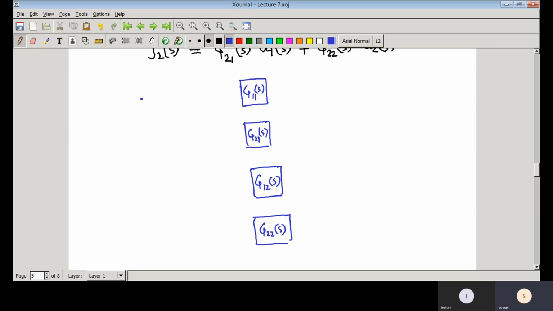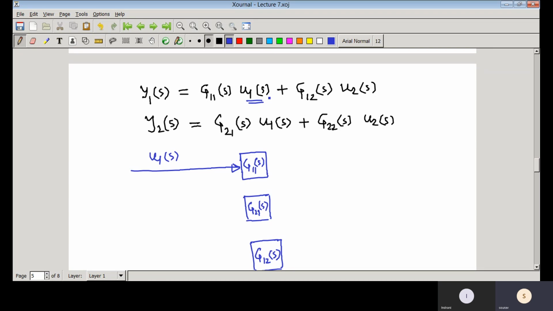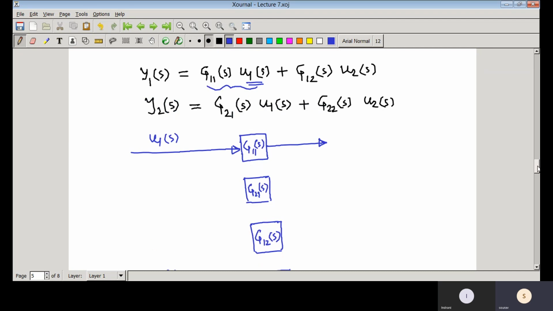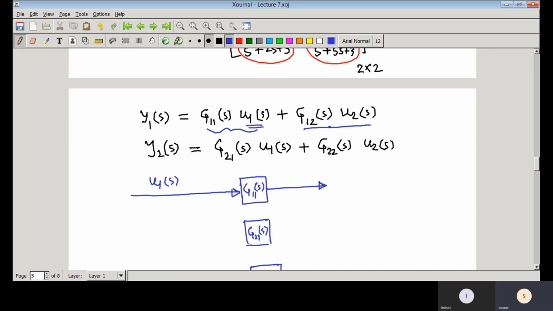So now you are applying that U1(s) here. You will get one part of that output, that is G11(s) into U1(s). Now you have applied another input because you have two inputs, U2(s). You see U2(s) is coming, that G12(s) into U2(s).